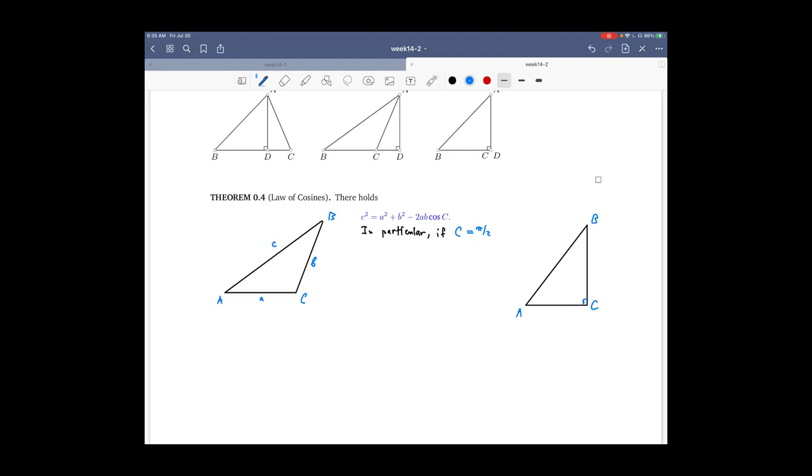This theorem gives that c squared equals a squared plus b squared minus twice ab cosine pi over 2.